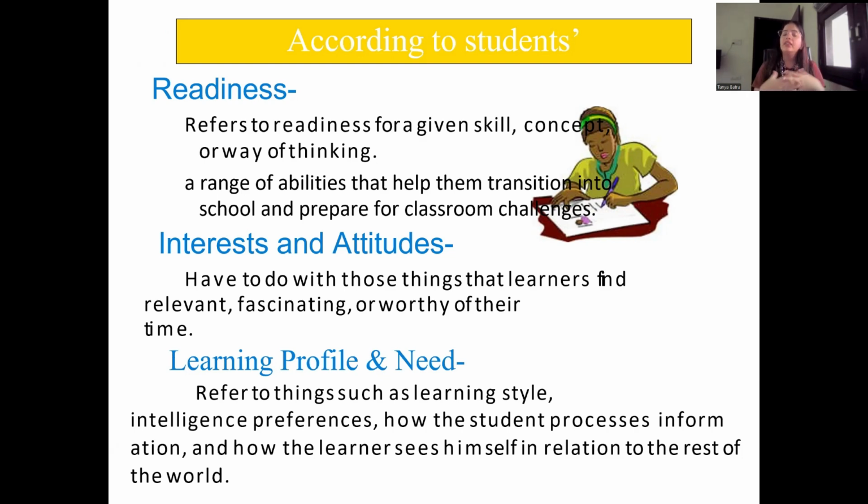So understanding the learning profile: how the child learns, memorizes, and understands the concept. Understanding his interest, his profile, his multiple intelligences, learning style, and readiness level is very necessary for planning our instruction and bringing differentiation in it.